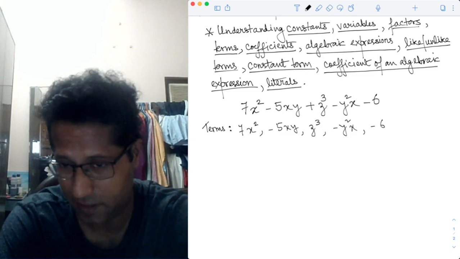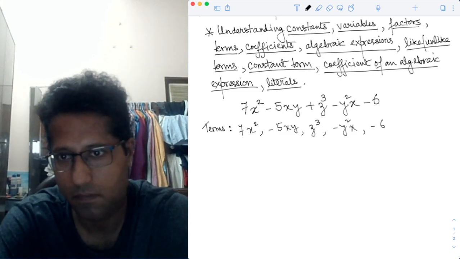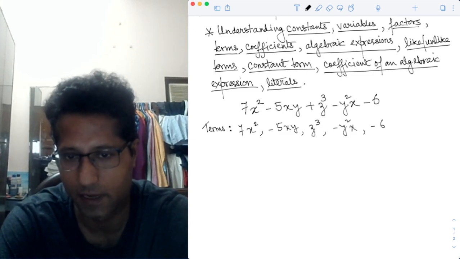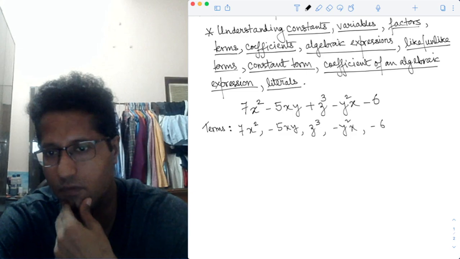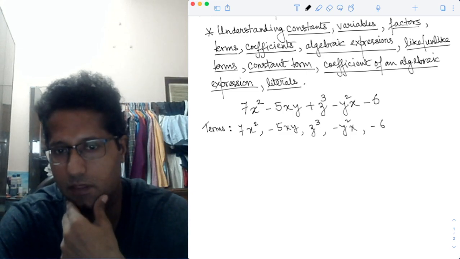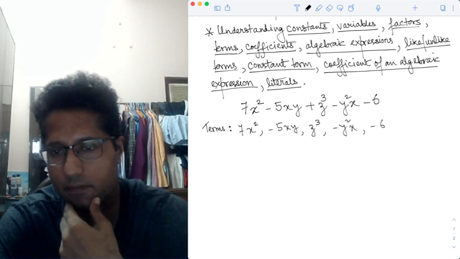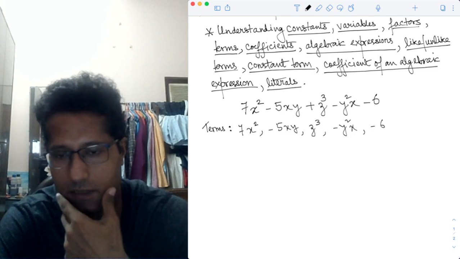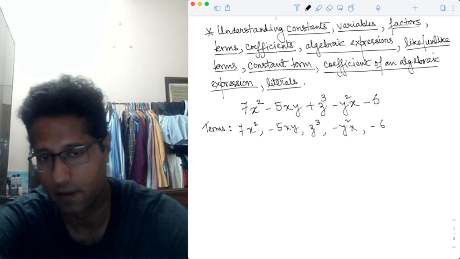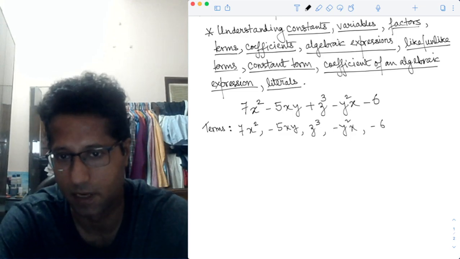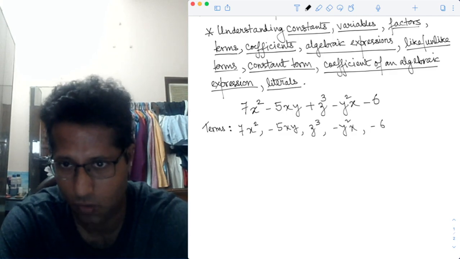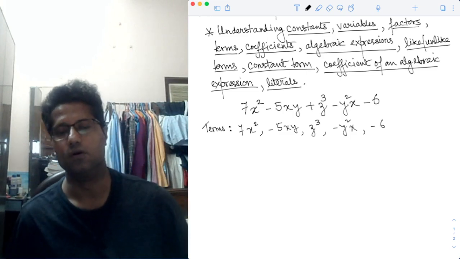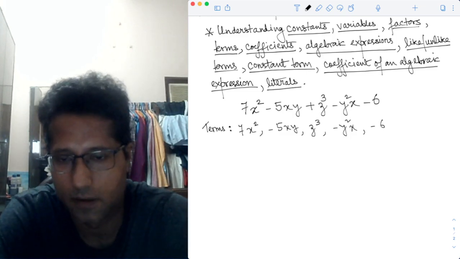So as per that definition, I also sometimes wonder that the terms should be 7x square, 5xy, z cube, y square x and 6. But the book says the terms are 7x square, minus 5xy, z cube, minus y square x and minus 6. So I hope you got the idea what terms are.